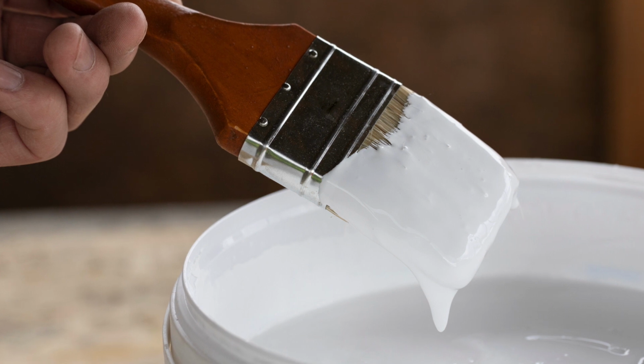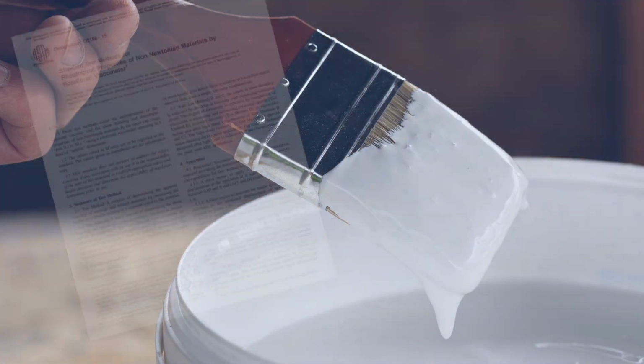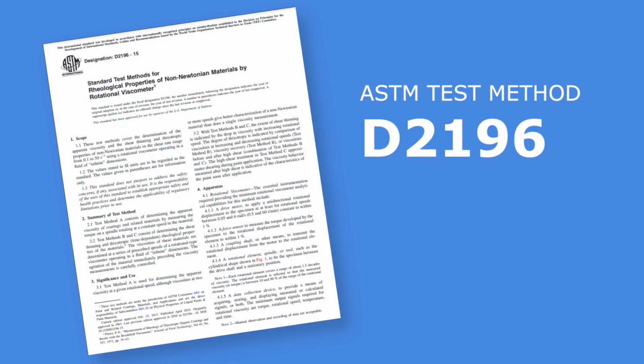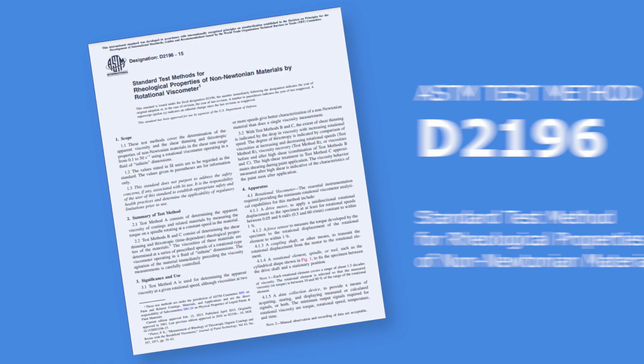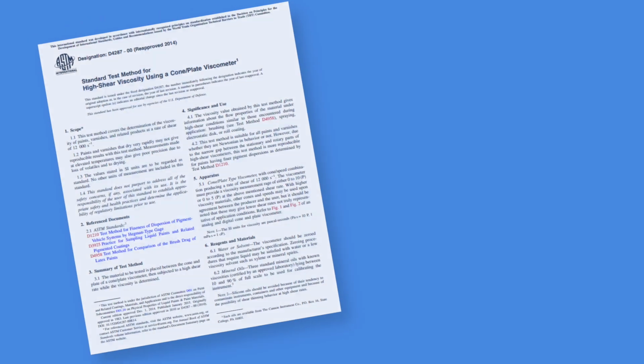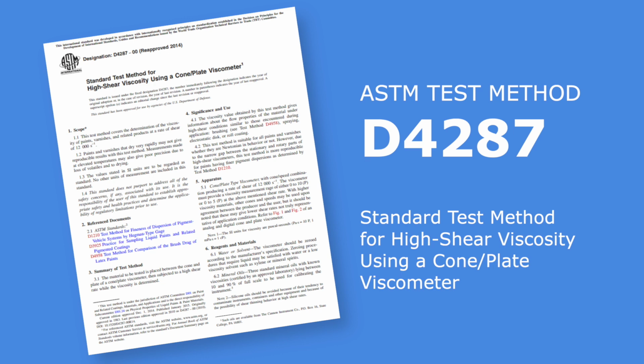Coatings of this type are not affected by the shear applied to the coatings. Most coil coatings fall into these categories, but a notable exception is plastisol coatings, where a test method such as ASTM D2196, Standard Test Methods for Rheological Properties of Non-Newtonian Materials by Rotational Viscometer, or ASTM D4287, Standard Test Method for High Shear Viscosity using a cone plate viscometer, is recommended.